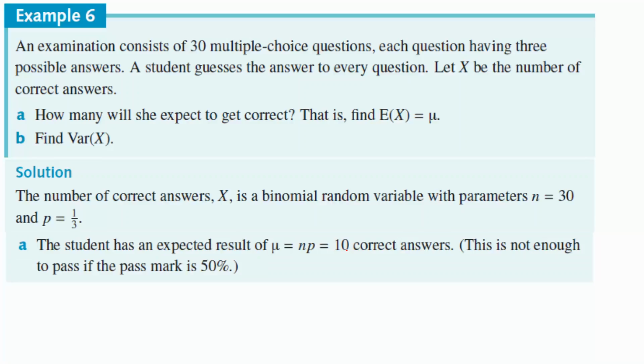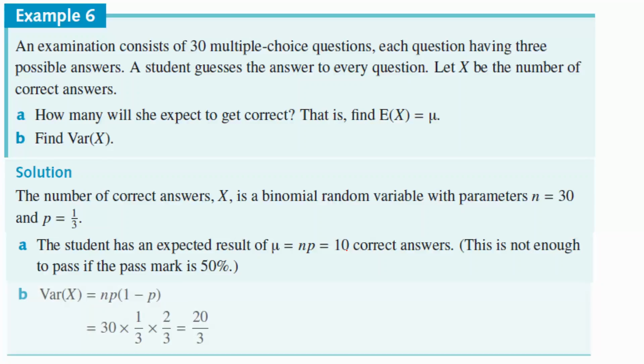And then to find your variance, the formula was n times p times the probability of failure. Failure was 2/3. If you multiply all that together, that was your variance formula, 20 out of 3. Easy. Textbook question. And that's your 14B, that's what you'll be doing.